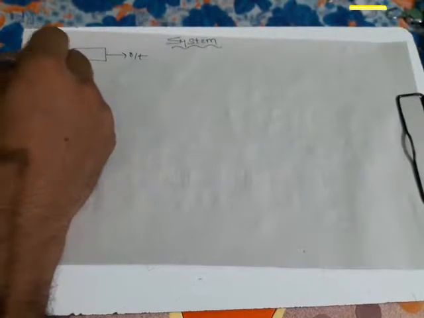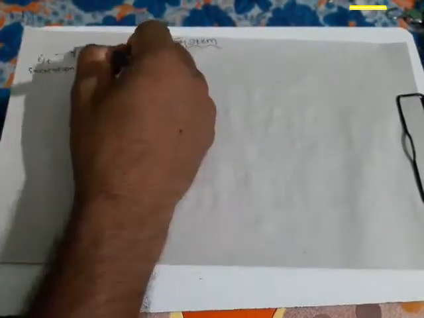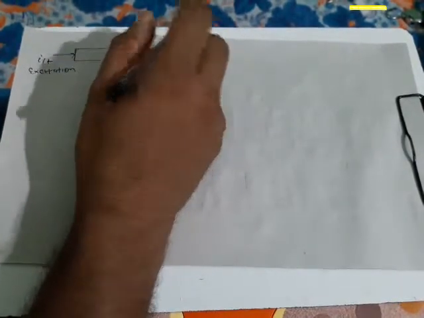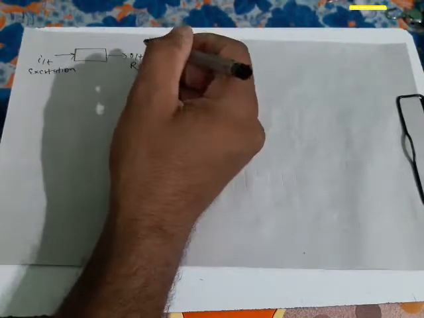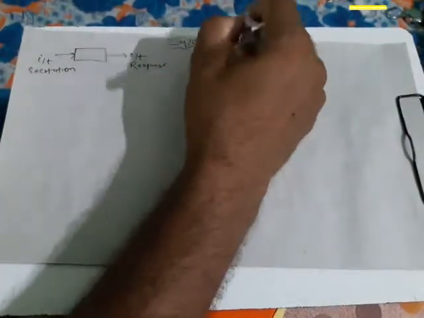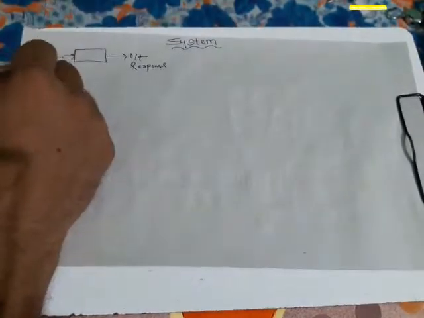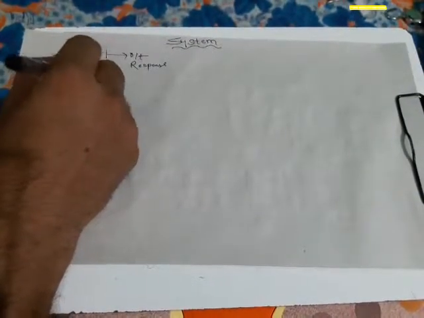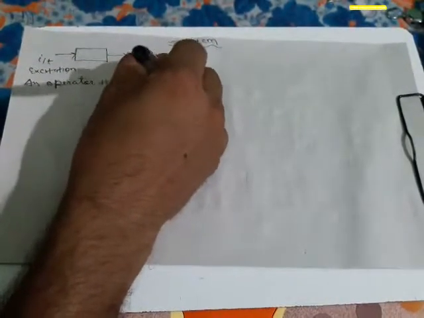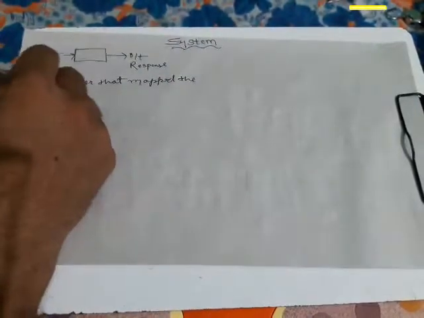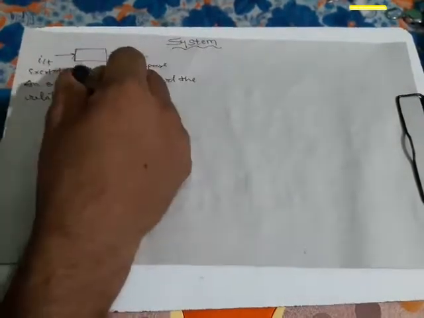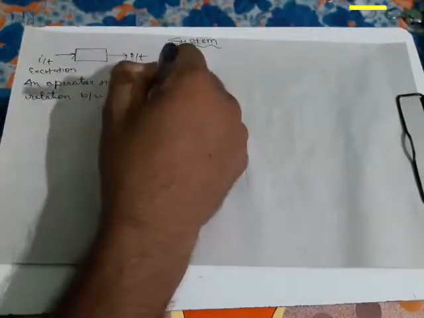So we can say that a system is nothing but an operator that maps the relation between input and output. An operator that maps the relation between the input and output is treated as the system basically.